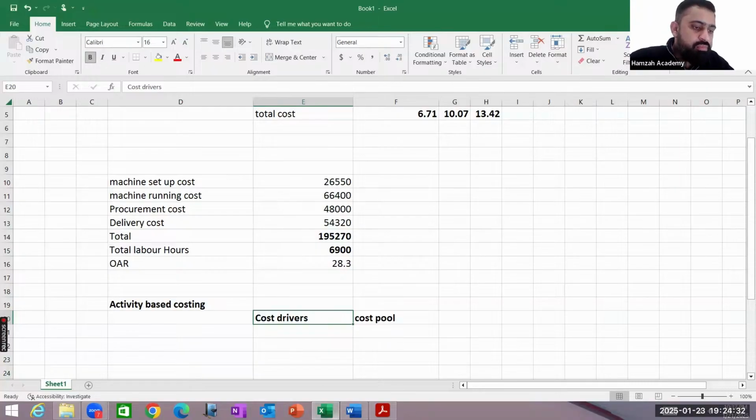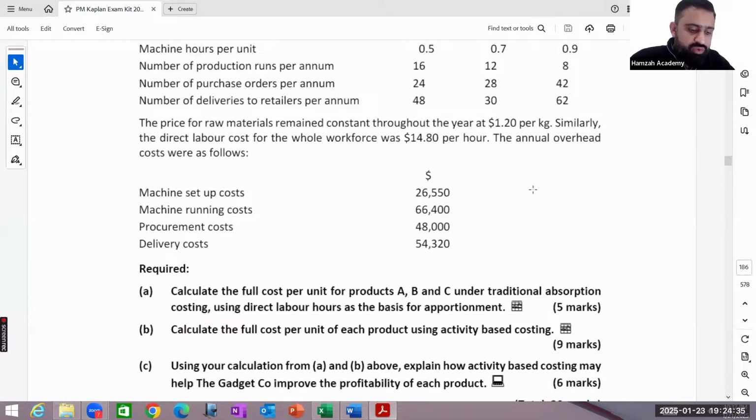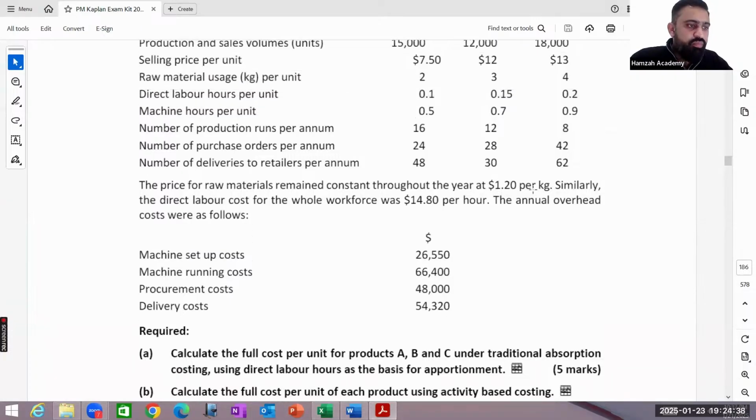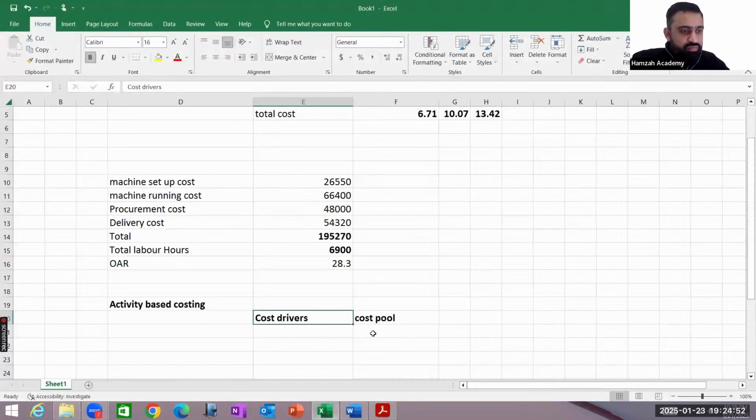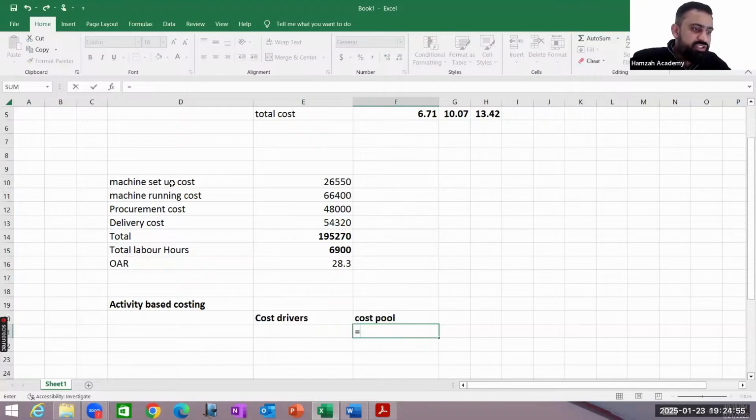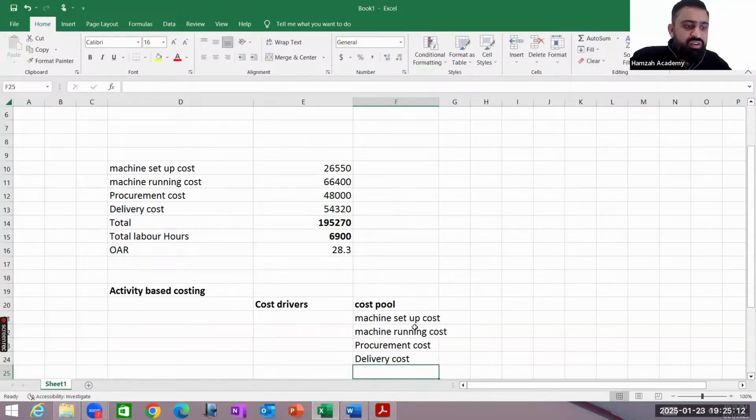Like in this question, we have the cost pools: machine setup cost, then machine running cost, then procurement cost, and then delivery cost. These are the cost pools.